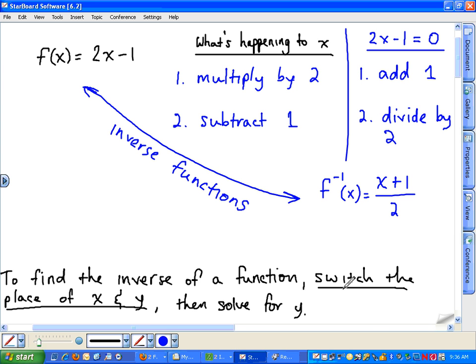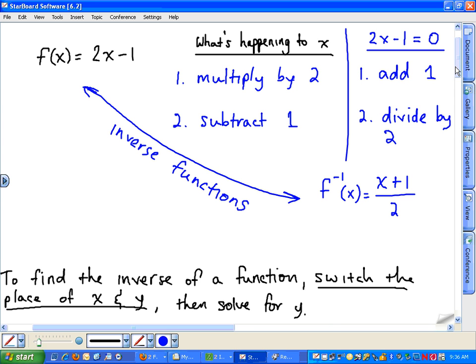Notice the phrase I underlined. That's important to remember. Whenever you see the word inverse, that's the phrase that should pop into your head. Switch the place of x and y. That will be helpful to remember for the test. Switch the place of x and y, and then solve for y. That basically means get y by itself.